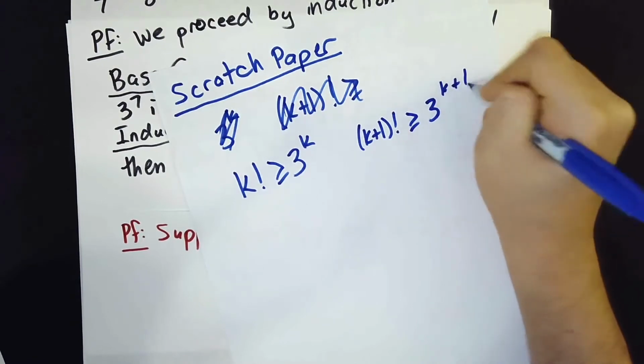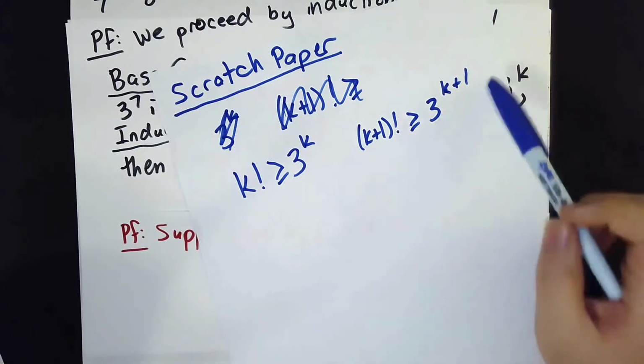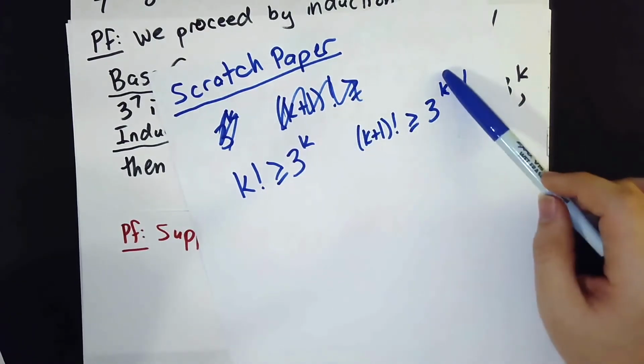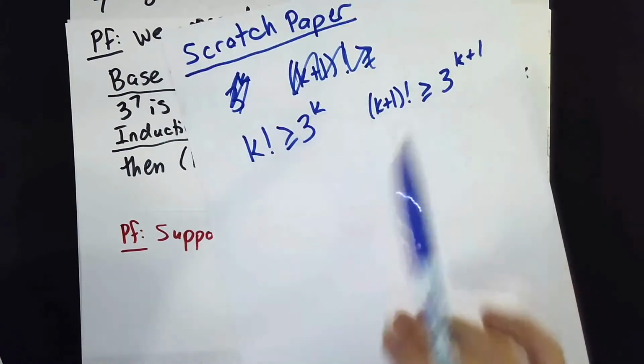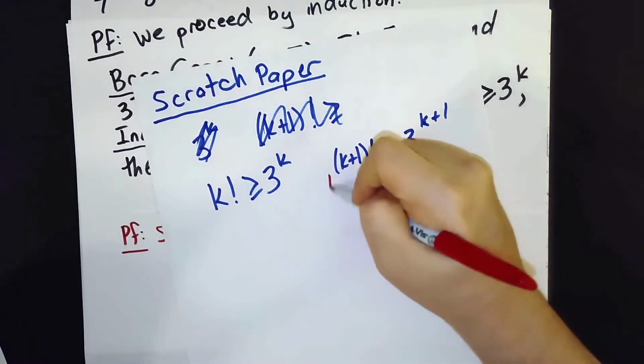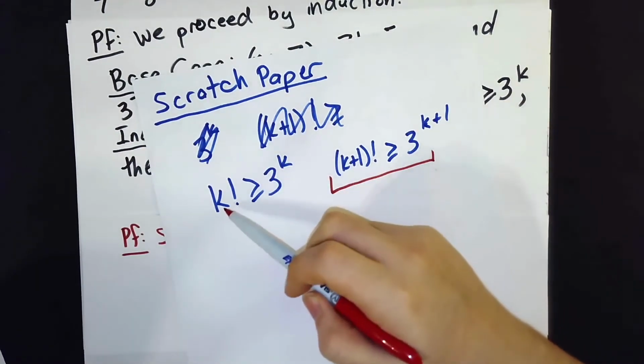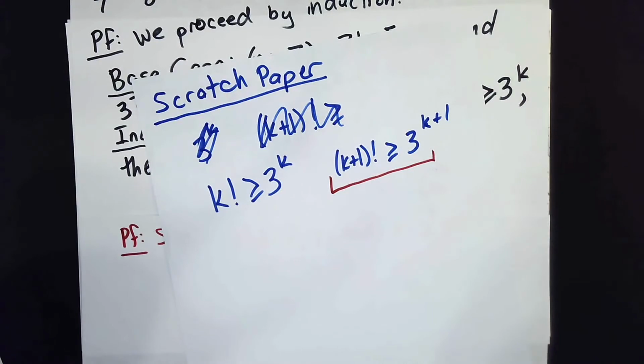In all of our previous examples, the key was to relate part of this thing back to the original. So I need to think about how I can pull this thing apart to make it look like our original inequality.